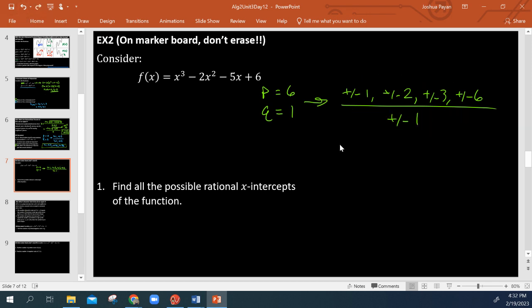So our 8 possibilities are plus or minus 1, plus or minus 2, plus or minus 3, and plus or minus 6. Okay, so these are all the possible rational x-intercepts of the function. Okay, so in the coming videos, we'll see how this is going to apply.